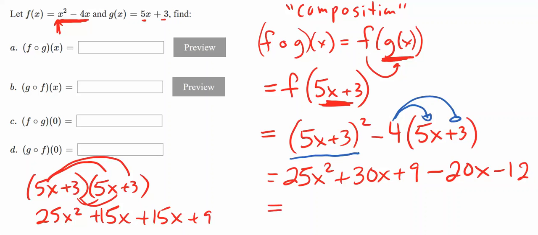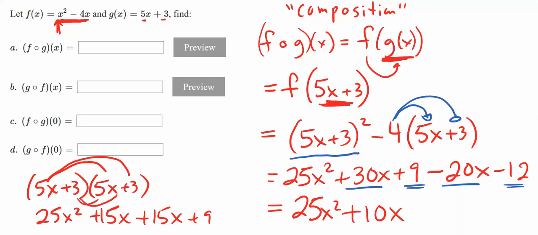Then let's combine all the like terms that we can find. In this case, there's only one x squared here, and we get plus 10x. And there's a 9 and a negative 12, which becomes a minus 3.